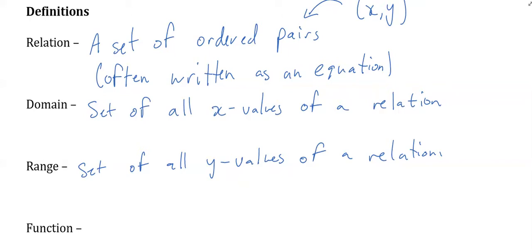And don't mix them up. Domain is the x's and range is the y's. Some people mix that up and then they get every question wrong, and you might not lose all the marks because you might be right just in the wrong spot, but it's a big deal. So one of the important things you can get out of today is really nailing down which one's domain, which one's range, and how we write it.